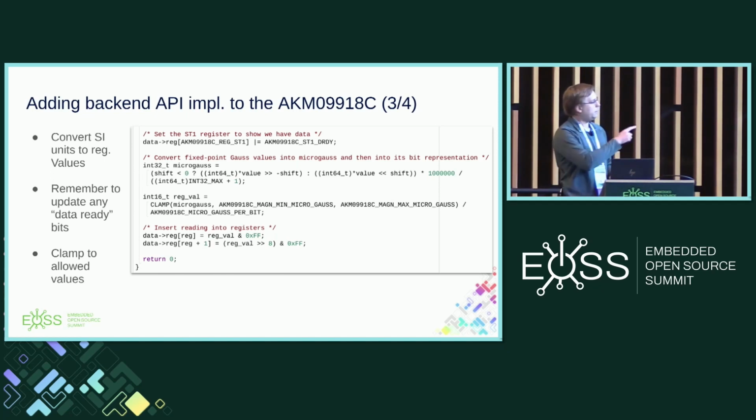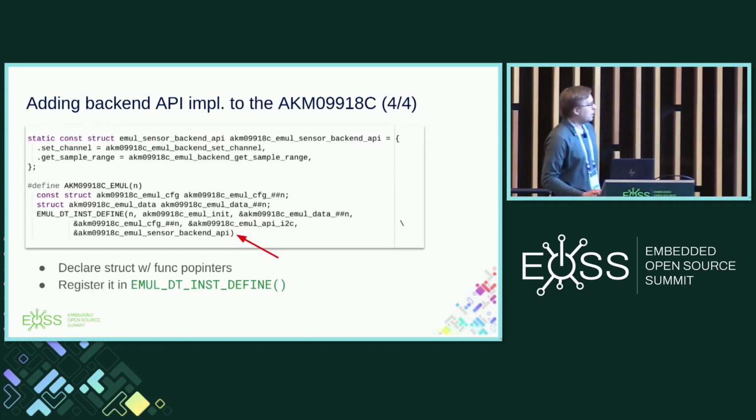We're also clamping the value down just in case somebody sends in something that's way higher than the chip actually supports. We don't want to allow invalid register writes to take place, so we do a clamp. But long story short, you give this a value in Gs, or meters per second squared, I think, and it will do the right thing to make sure that the register gets set up accordingly.